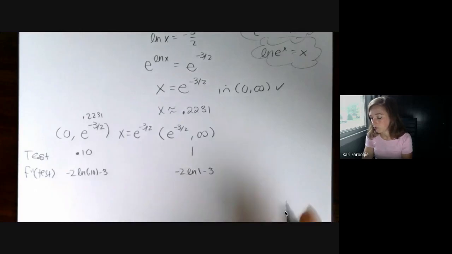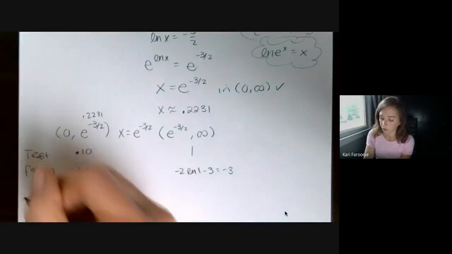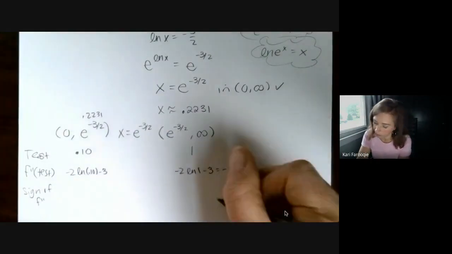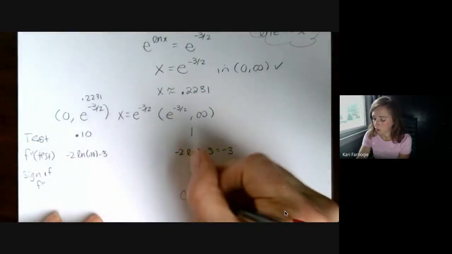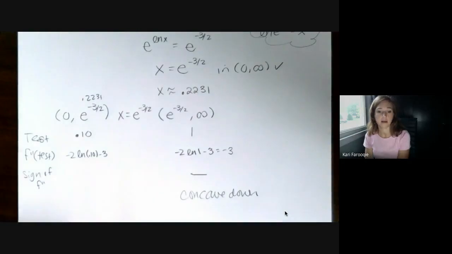The natural log of 1 is 0. So the answer here will just be -3, which means the sign of f double prime is negative. And you're going to be concave down on that interval.